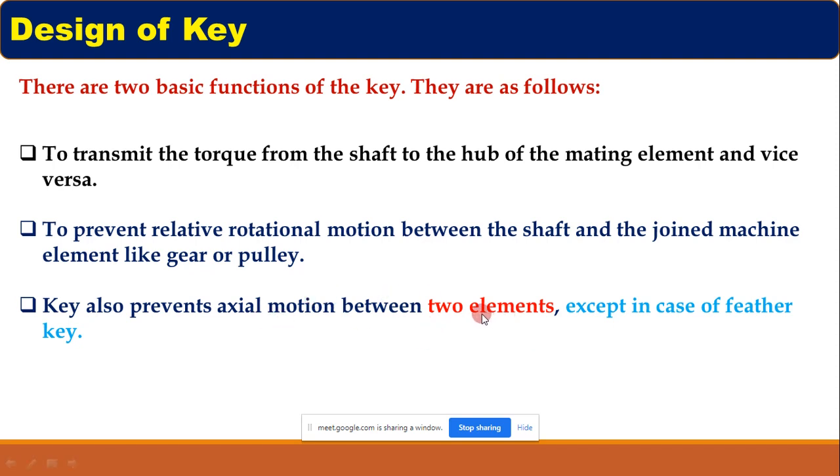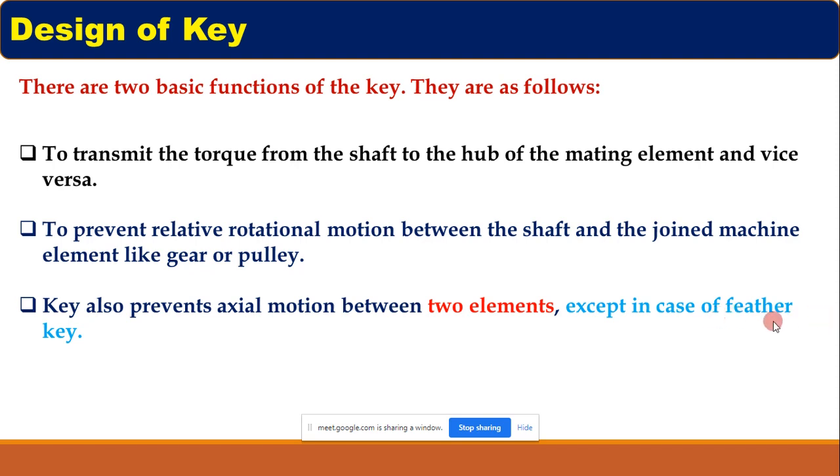But in certain cases, this axial motion is allowed by a key, like a feather key. From the MCQ point of view, remember that the feather key is a key that allows relative motion between the shaft and the rotating machine element mounted on the shaft.